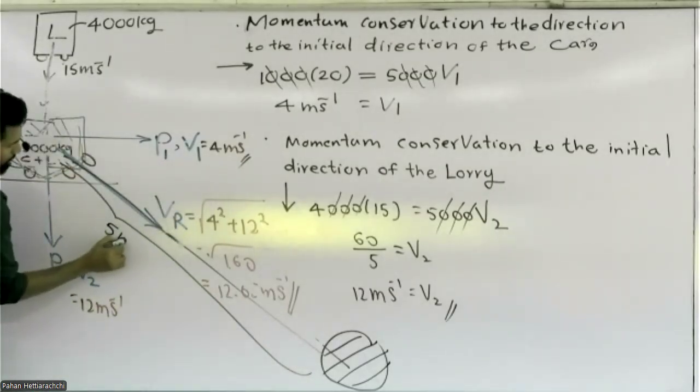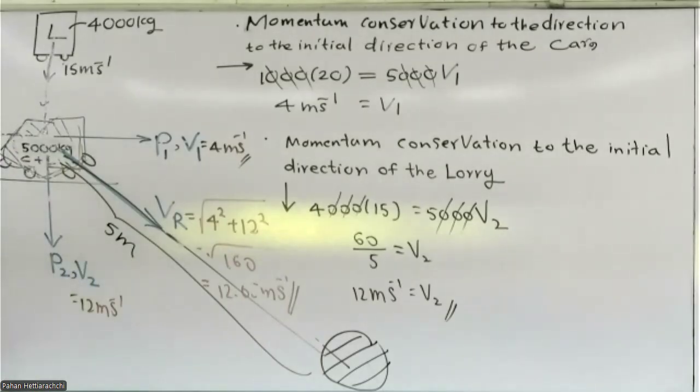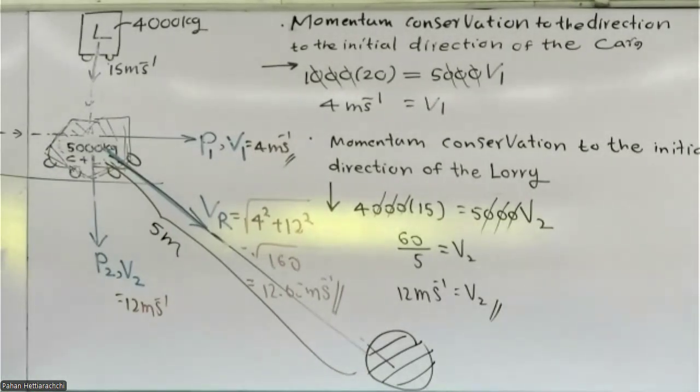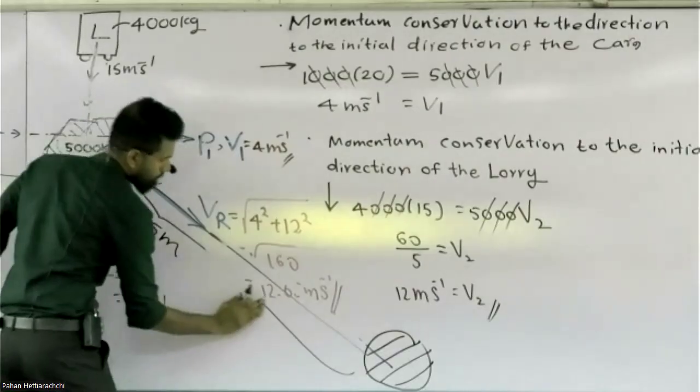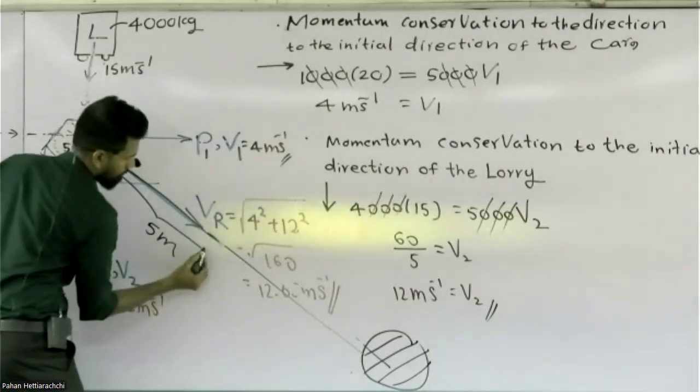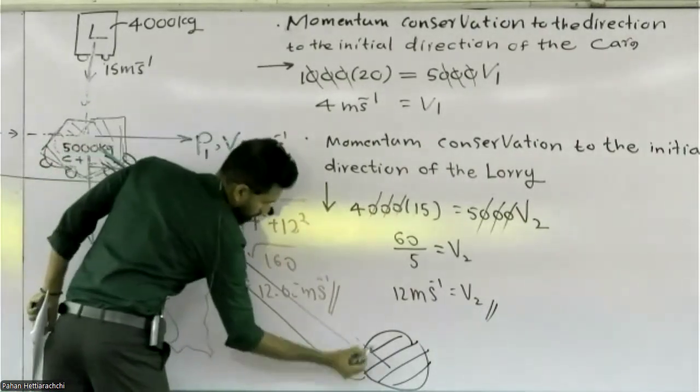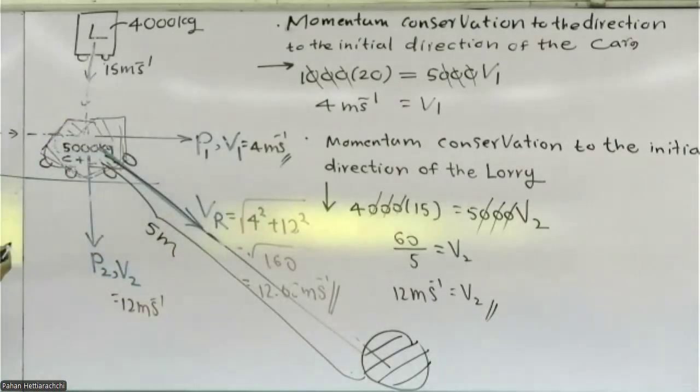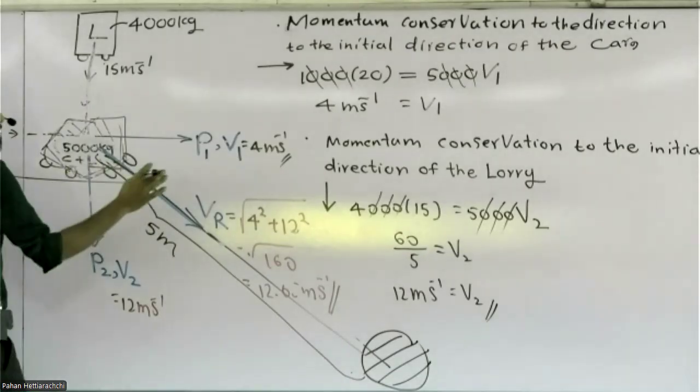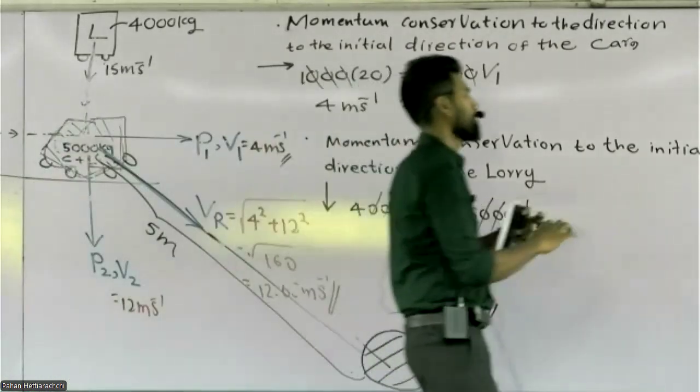In this path, the vehicle combination will move for 5 meters before it comes to rest. Okay, so I'm going to solve that part separately.